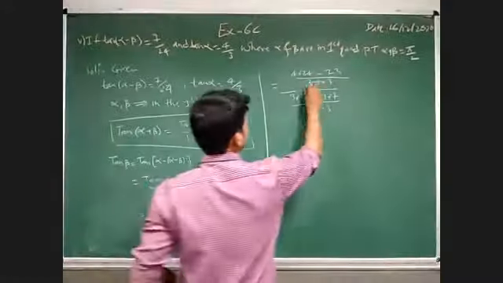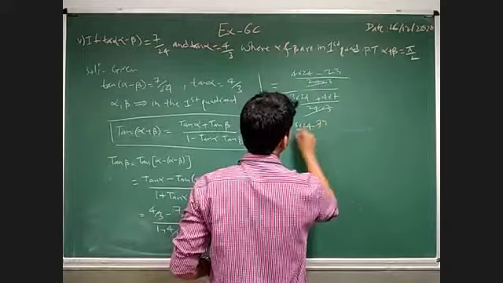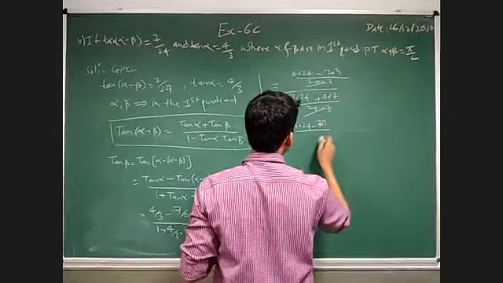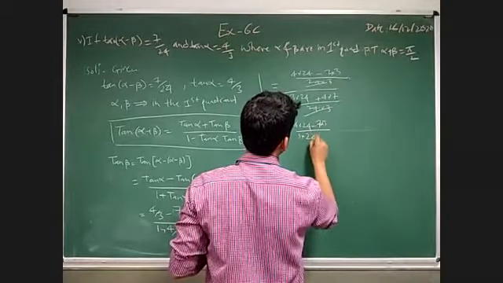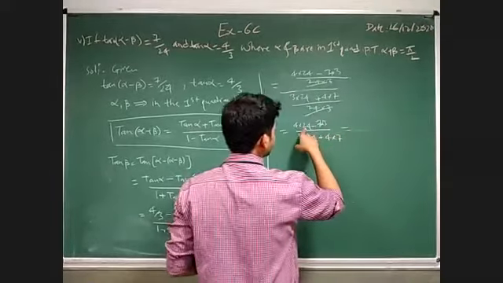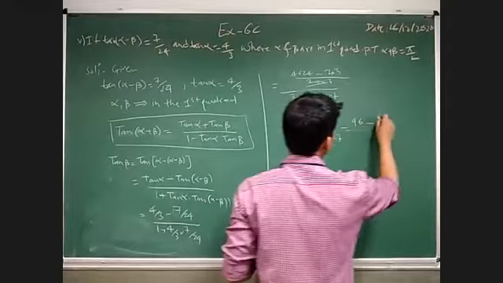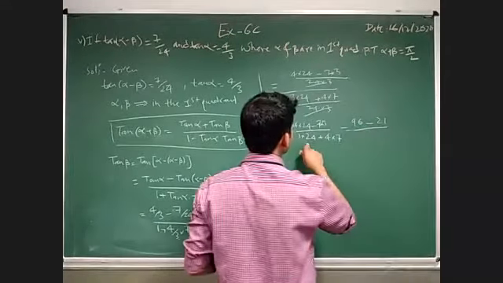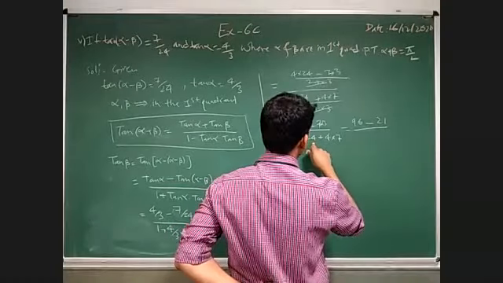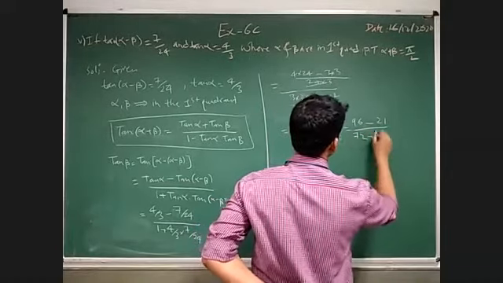Now this term will get cancelled, so here I will have 4 into 24 minus 7 into 3, and here 3 into 24 plus 4 into 7. Now 24 into 4 is 96 minus 7 3s are 21, and here 24 into 3 is 72 plus 28.